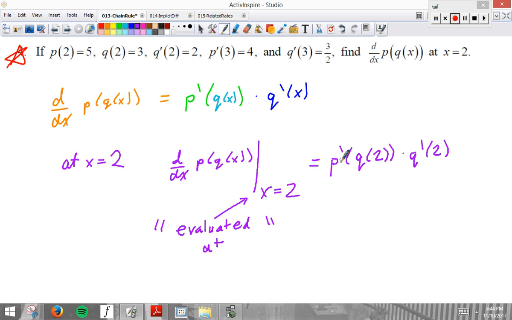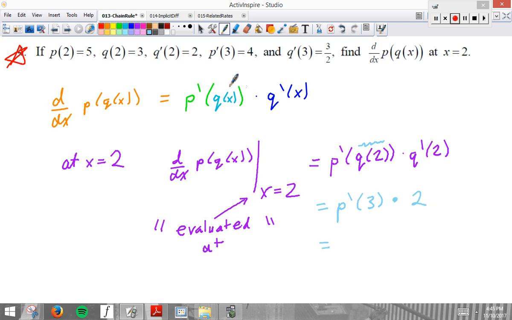We're just going to calmly work from inside to outside. So over here, I have Q of 2. So that's P prime of Q of 2, not Q prime of 2, is 3 times Q prime of 2 is 2.